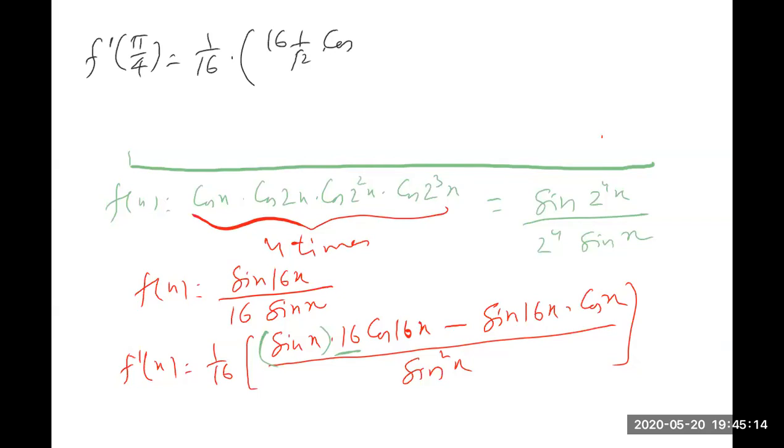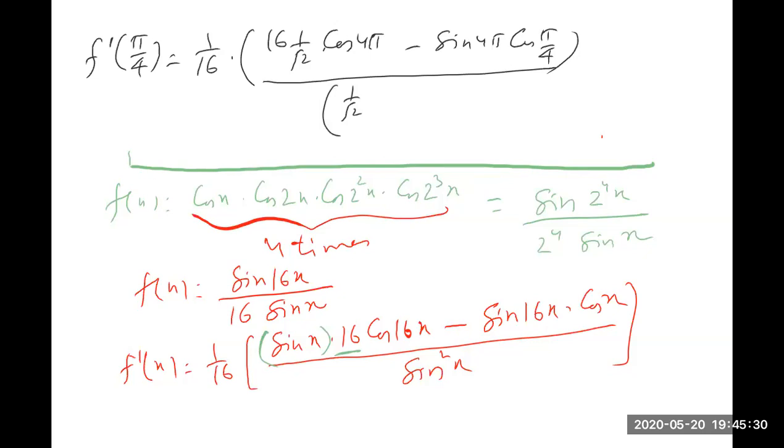Pi by 4 times 16, that is 4 pi, minus sin 4 pi into cos pi by 4, upon 1 upon under root 2 whole square. Cos 4 pi will be 1. So this is equal to 2 upon 16. Sin 4 pi will be 0. See, this part will be 0. This is 0 because sin n pi is 0.